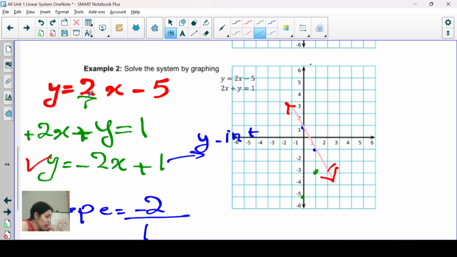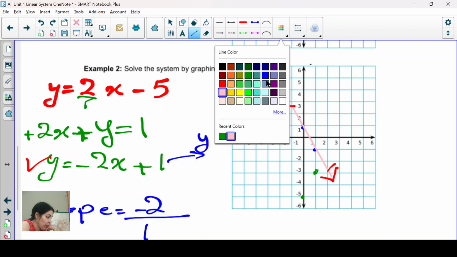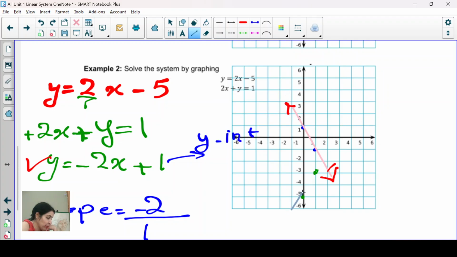Rise 2, run 1. So it's going to be this point. And a line passing through these 2 points. You need to use a ruler. And the point of intersection is the solution. I show the solution with black. This is the solution.